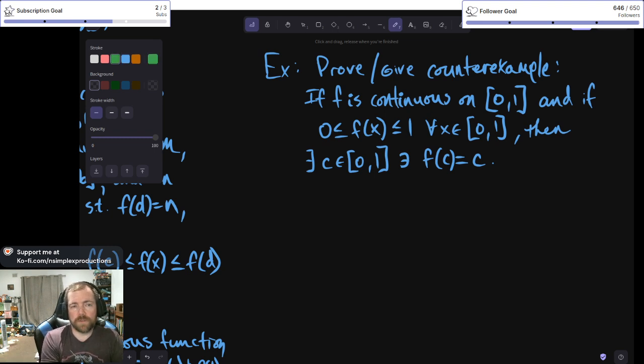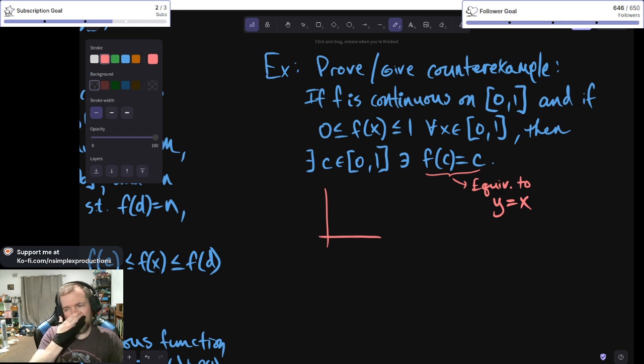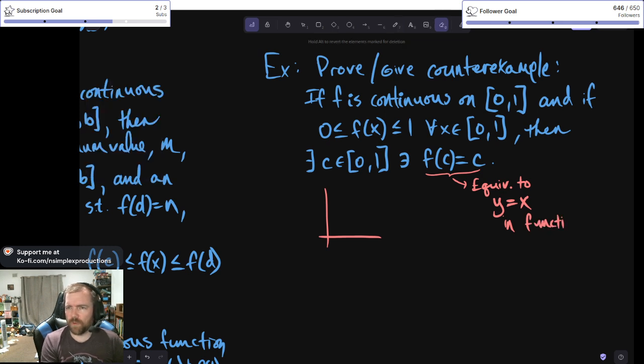Okay, so for this one, what we're going to see is that if f of c equals c, then this is equivalent to y equals x, in functional form, or graphing equation.